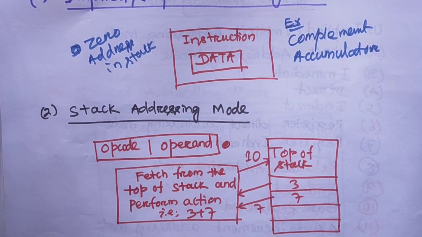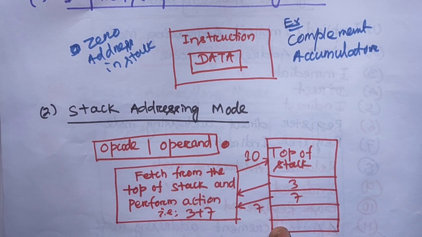Also you can see how a zero address instruction is generated. So those kinds of examples come under implied or implicit addressing mode. That means the data itself is defined, so you can call it an implied or implicit addressing mode.